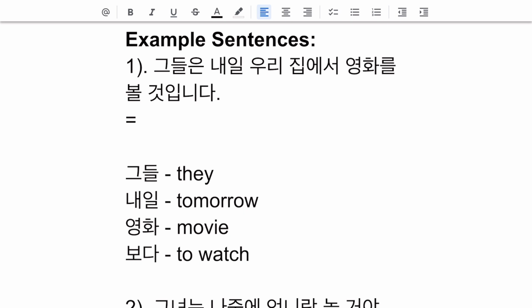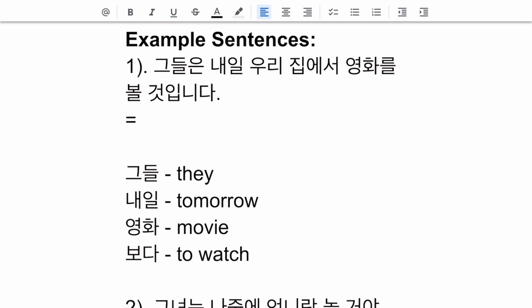내일, we have to put the time first and then the place. So tomorrow, we know we do not put any time marking particle on it. 내일, like in English, we don't say on tomorrow, we just say tomorrow. 우리 집. So this 우리 집, I put it in the sentence to mean my house.